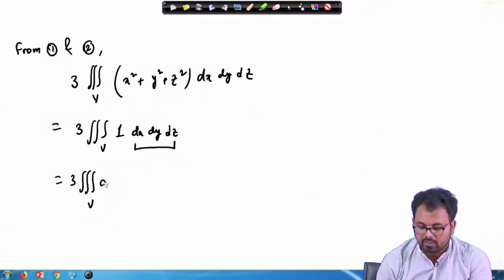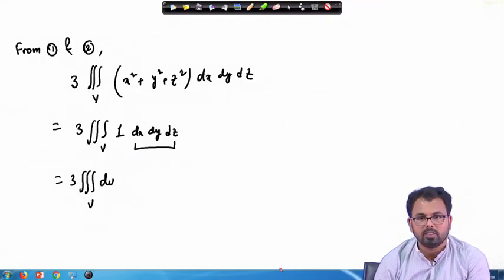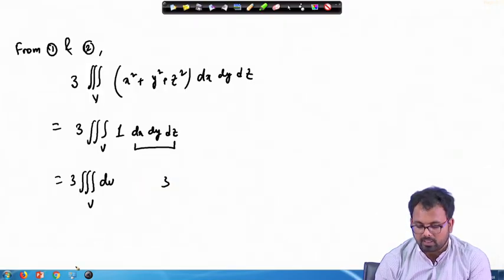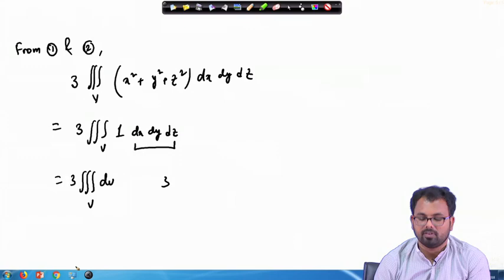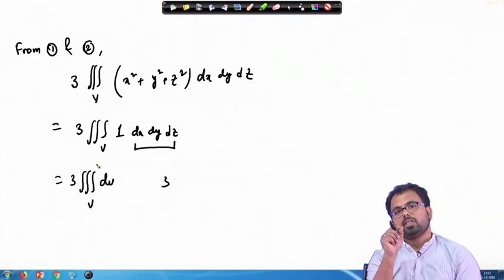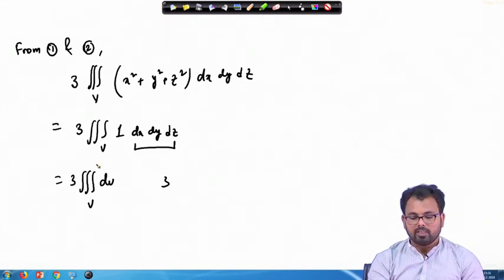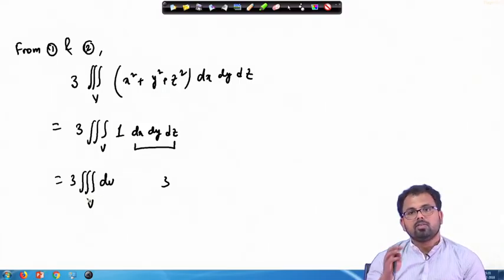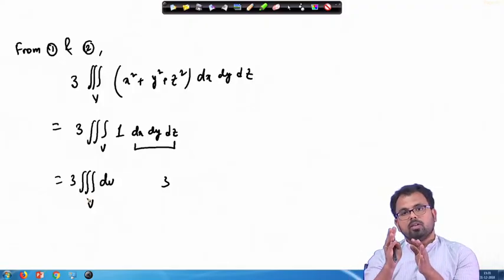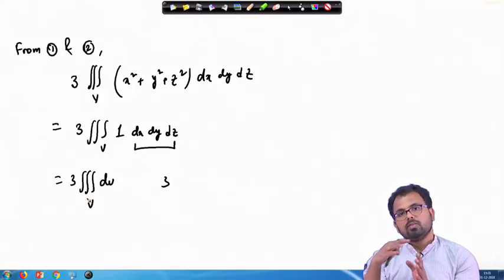So, I can write it as dv, all right, and this means that we are basically calculating the volume of that sphere, right. So, if your function overall is 1 in a way, then this means that you are actually calculating the volume of the given surface.